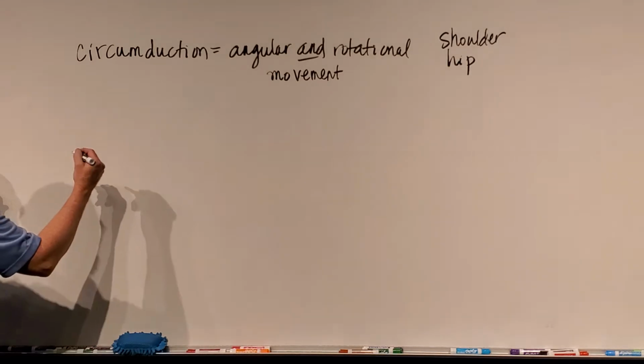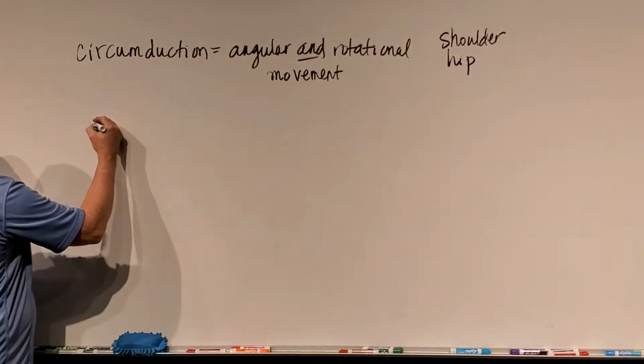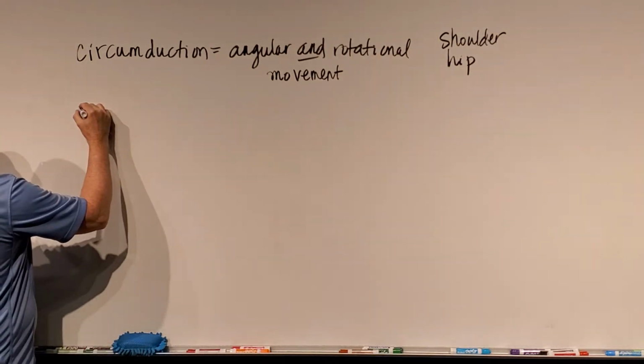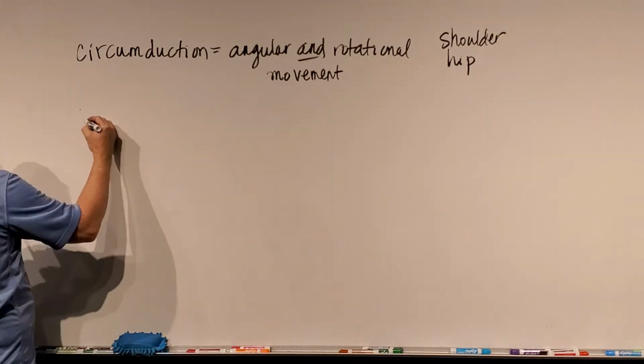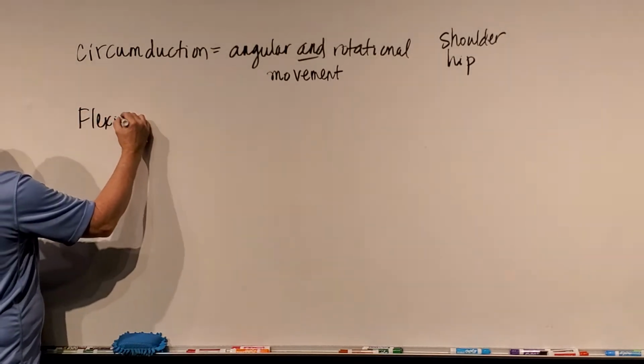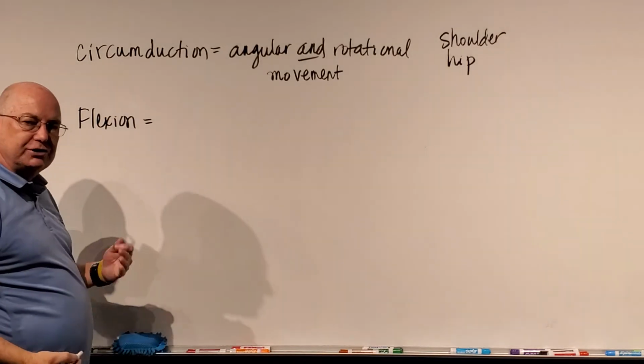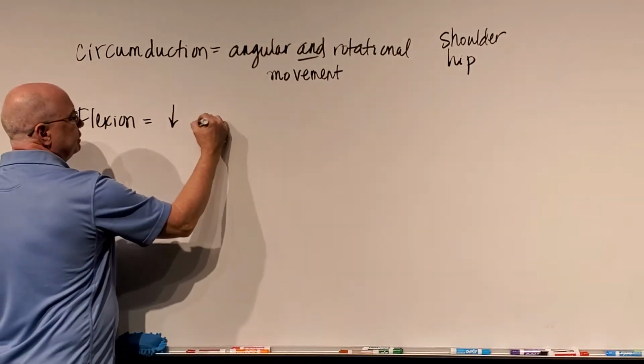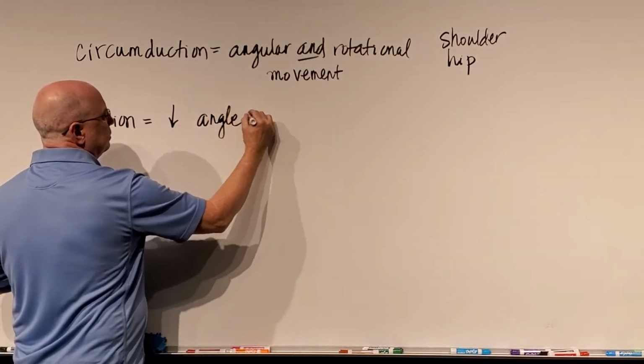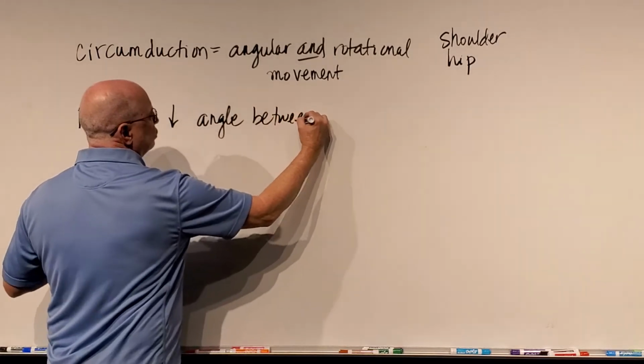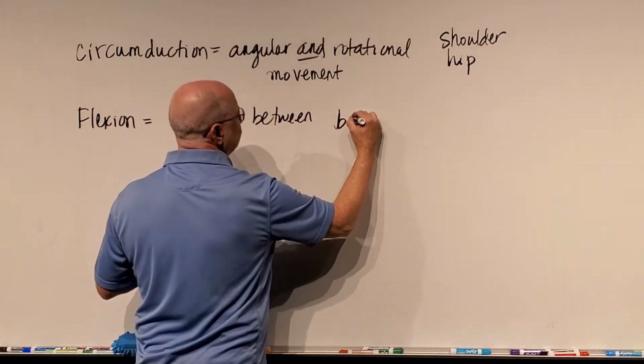The next three are somewhat related. I'm going to try to go in the order that I have in my note set. The first one is flexion. To flex a joint means you decrease the angle between joints or between bones.